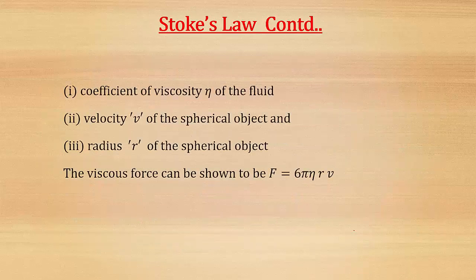Remember, when I throw any spherical object into the viscous medium, it depends on 3 factors. The first point, it depends on coefficient of viscosity. Second point, velocity of the spherical object. Third point, its radius. Depending on these 3 factors, we can find how much retarding force is exerted on the spherical body when it is thrown into the viscous liquid.